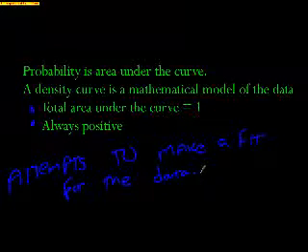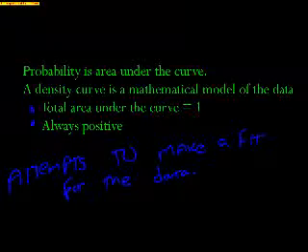I say it attempts to do so because we're not always successful. So a density curve is a mathematical model, and its job is to attempt to make a fit for the data. We'll learn more about this coming up, but we need to know these two things about a density curve. Total area is 1, because probability is always positive.